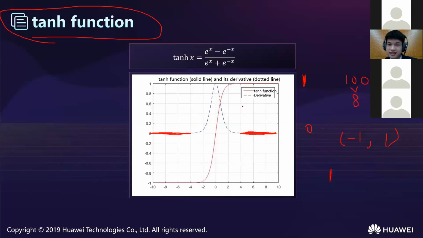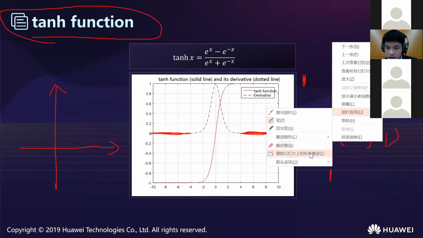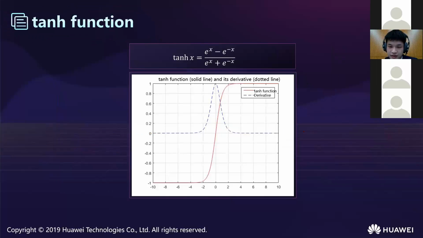Sorry, can you understand? Okay, so that is the tanh function. I will clean this. The x means the input of the tanh, and the y means the output of the tanh. So if we input 8, the 8 is here, and the output will be close to 1.